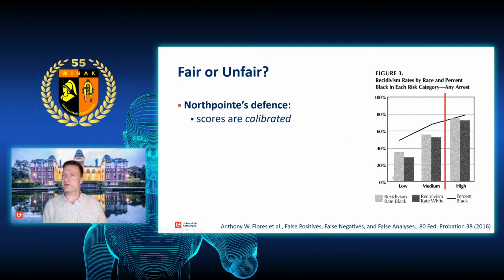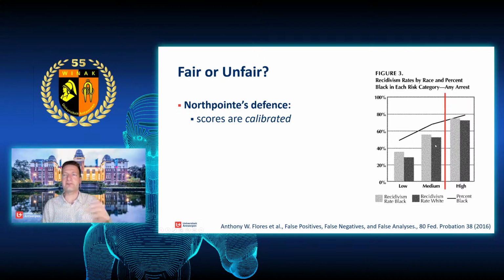For the people in the low and the medium risk group, it's the other way around. Half of the people in the medium category get an alternative sanction and they deserve it because they do not recommit a crime. And that is 100% minus where the bar is. But for all those people contributing to these bars, it was a wrong decision to give them an alternative sanction because they will recommit a crime.